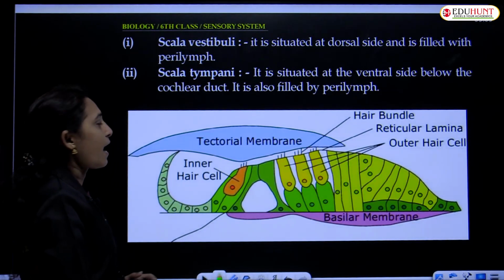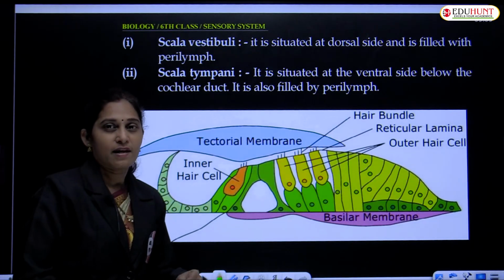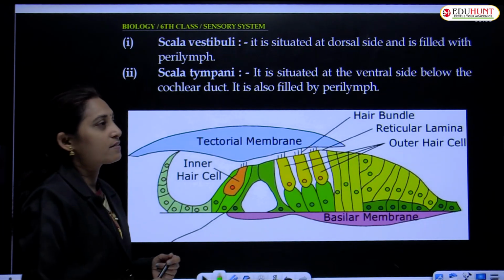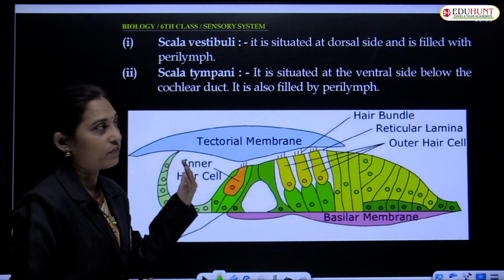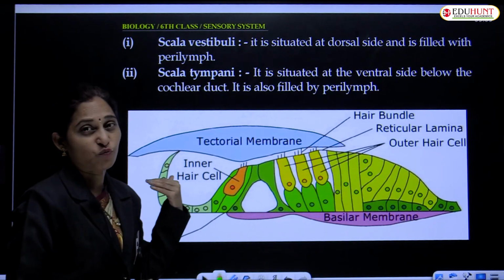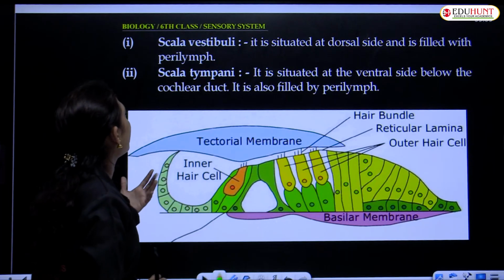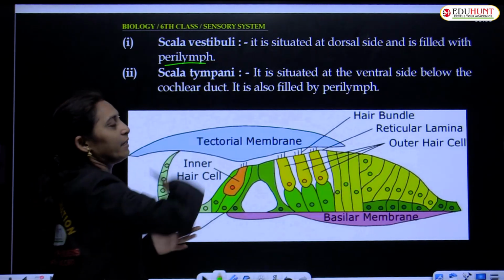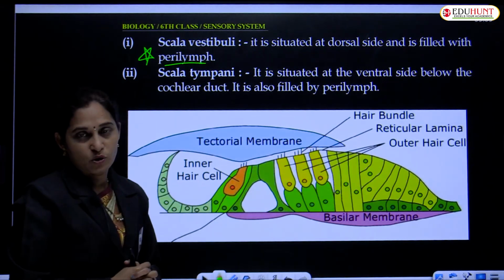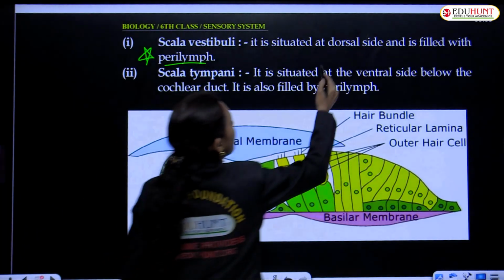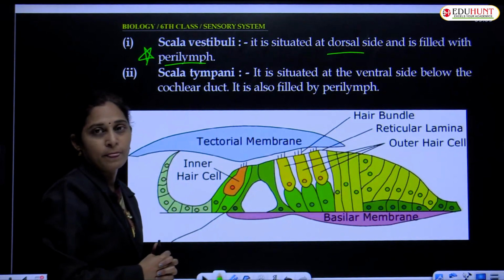And the scala vestibuli is situated at the dorsal chamber of the labyrinth and is filled with perilymph. This is an important one. Scala vestibuli is situated on the dorsal side and filled with perilymph.